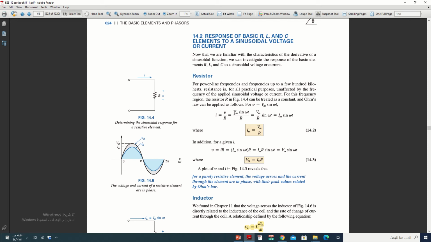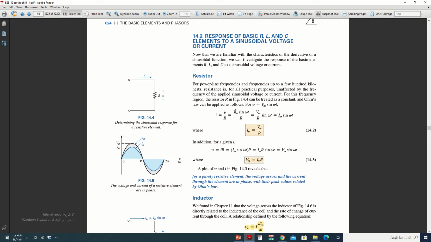V here equals Vm sine omega t. We'll study the resistor, then the inductor, and then the capacitor. We will see the relation between the current and voltage if we apply it to the resistor, inductor, or capacitor.